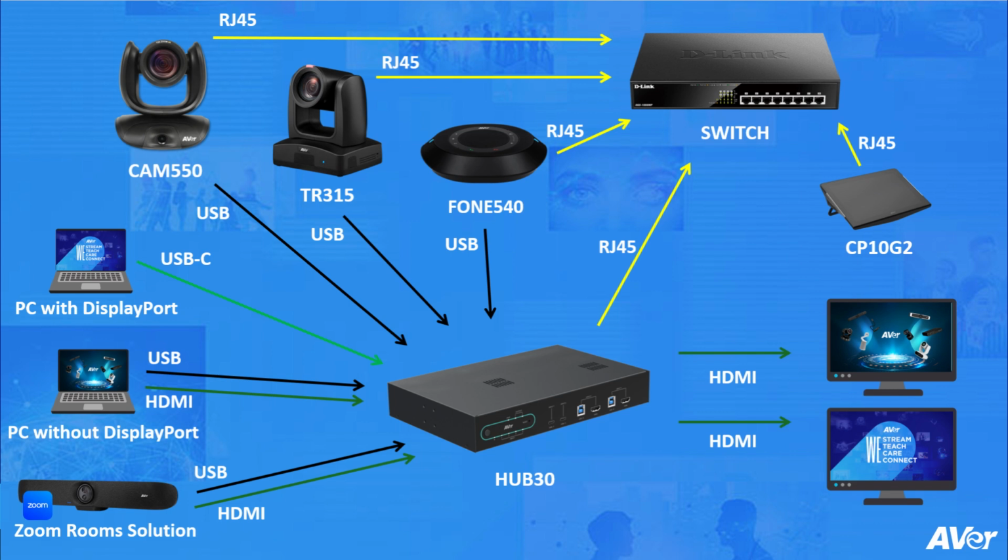We have a TR315, an auto tracking camera that we are going to use as a rear camera to do the auto tracking of the presenter. It is connected via USB to the HUB30 and connected via IP to the same network that we have the computers and everything.